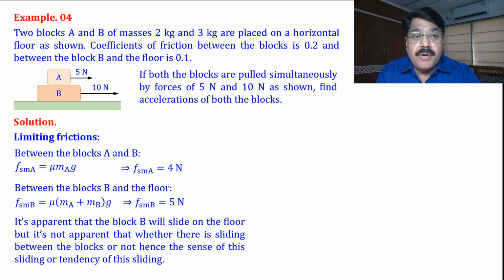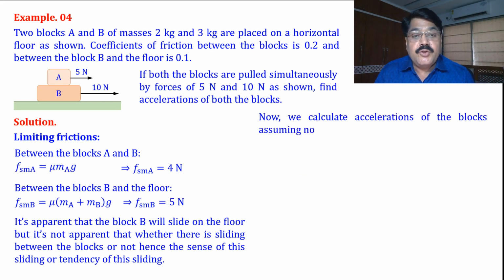So if you want to decide the direction of static friction, assume friction to be absent here, but assume friction at the floor, calculate the acceleration of these two blocks, and then the relative acceleration. That relative acceleration will show you the tendency of sliding, first thing, and then by calculating the required friction to prevent sliding, we can decide whether there is sliding or not. So now we calculate accelerations of the blocks assuming no friction between them.